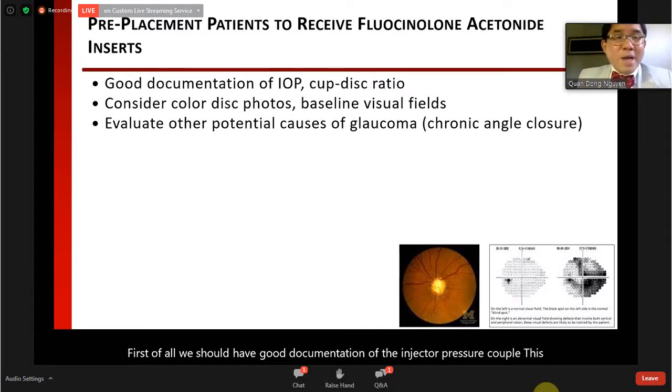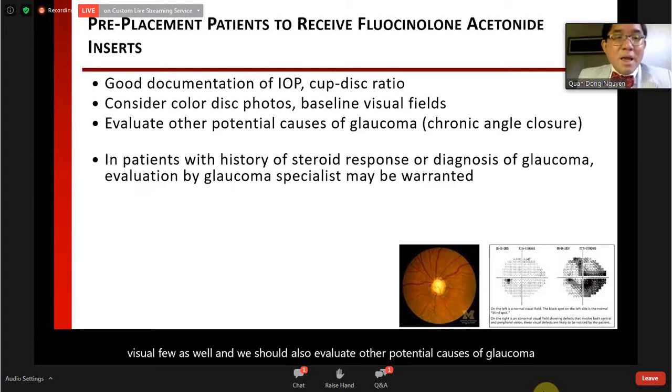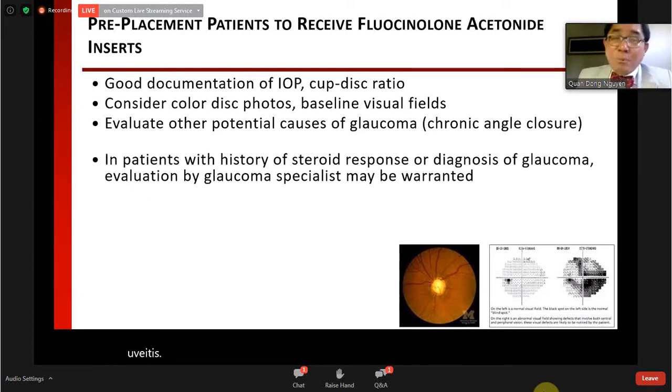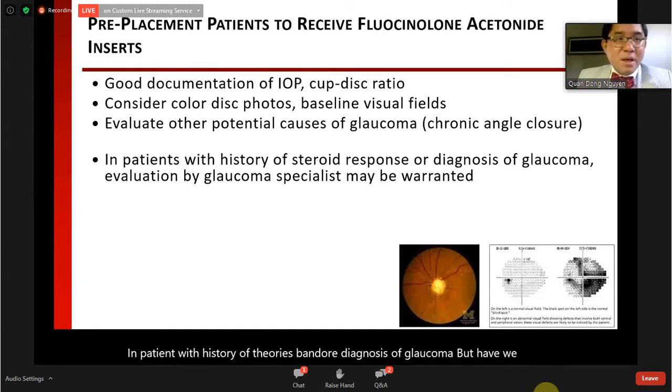And we should also evaluate other potential causes of glaucoma, such as chronic angle closure from the synechiae that occur from chronic uveitis. In patients with a history of steroid response or diagnosis of glaucoma, perhaps we should also get our patient to see a glaucoma specialist before we put in the fluocinolone acetonide insert.